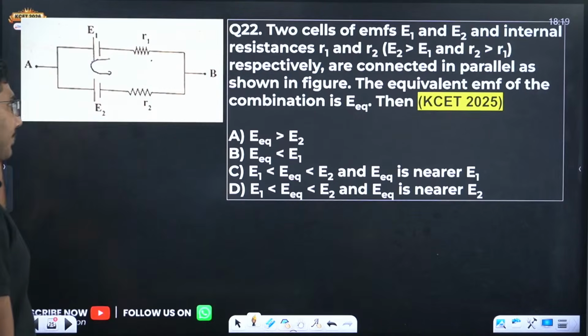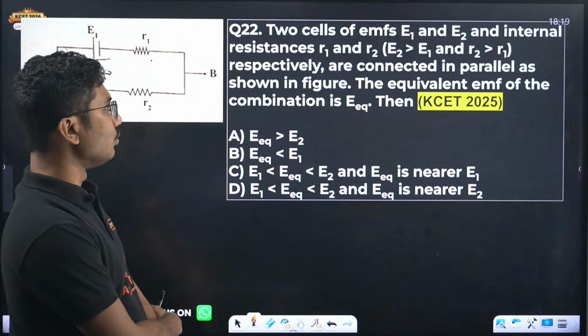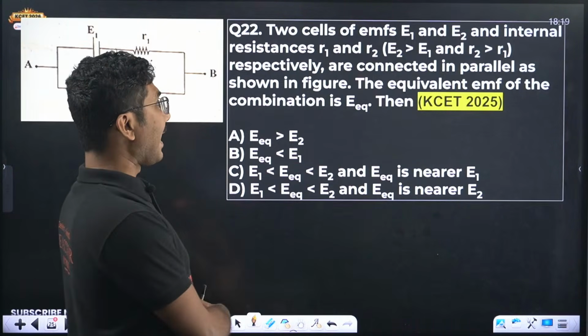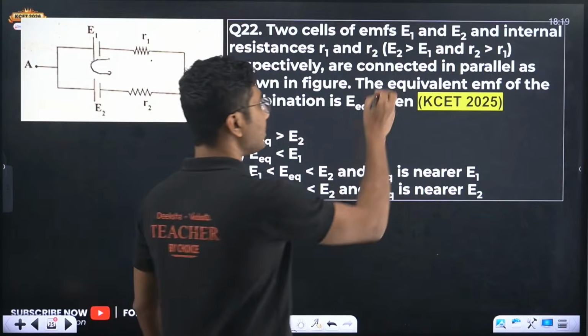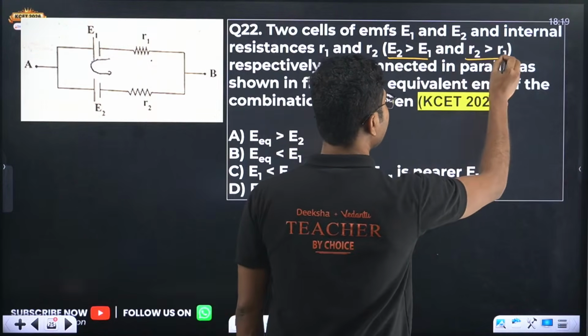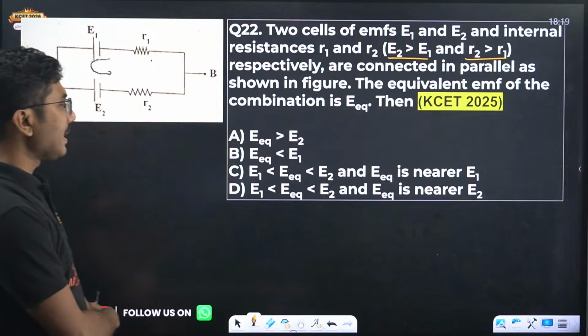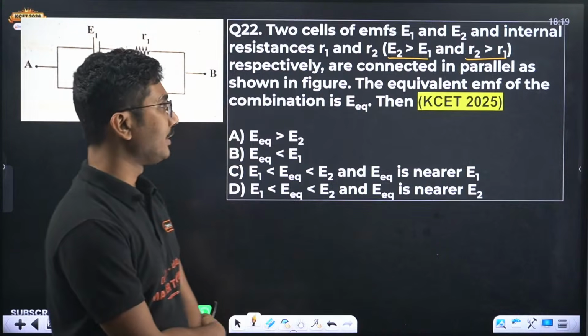Both formulas are okay. Two cells of EMF E1 and E2 and internal resistances R1 and R2. Here it is mentioned E2 is greater than E1 and R2 is greater than R1 respectively, connected in parallel as shown in the figure.